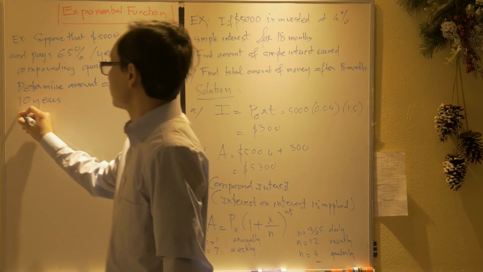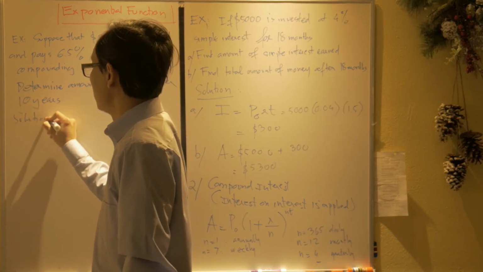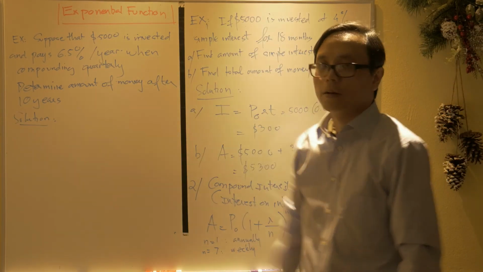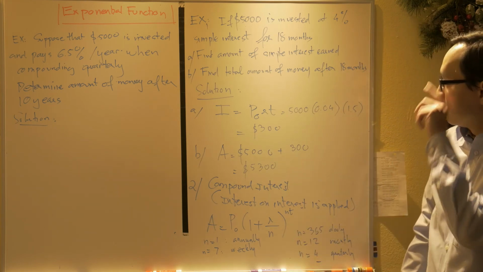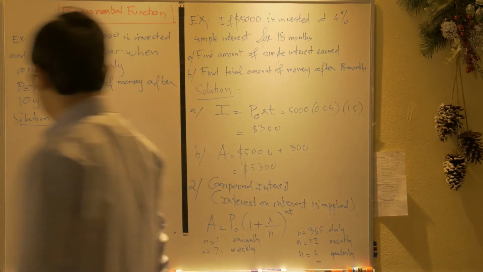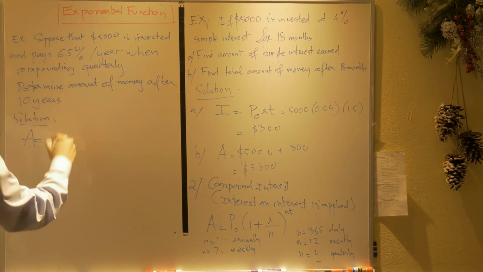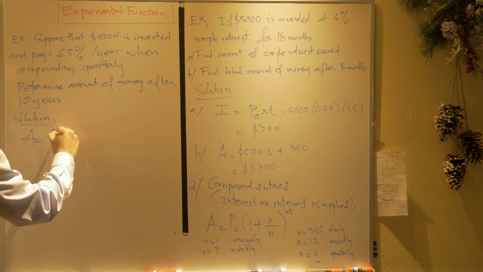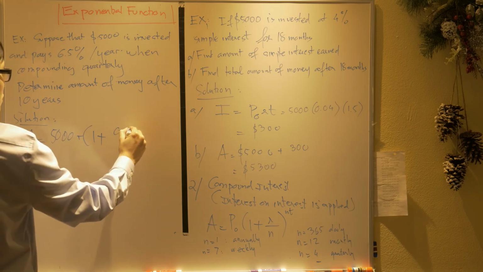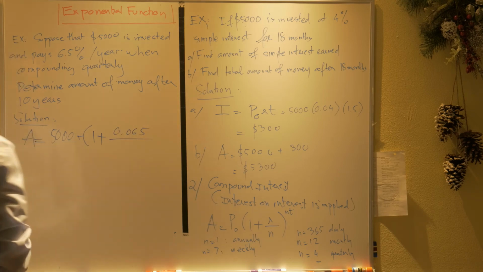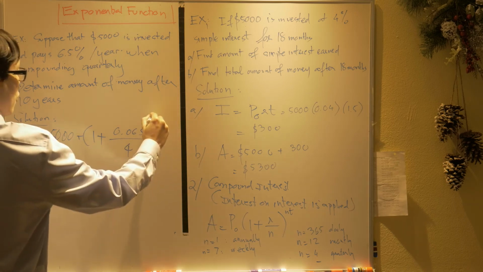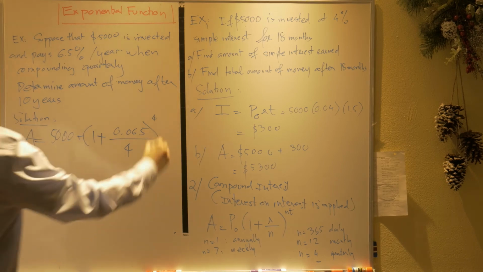Solution. Very easy. You know right away this is compound interest and it's compounded quarterly, so of course you have to use this formula. It's not simple interest, so you don't use that formula. You just plug it into the equation. A equals P naught, which is 5,000, times 1 plus r, which is 0.065, over n, and quarterly means n equals 4, to the power n t, where t is 10 years.